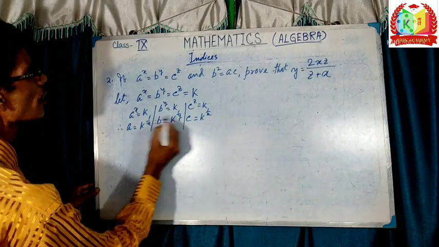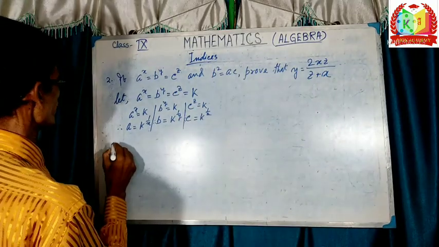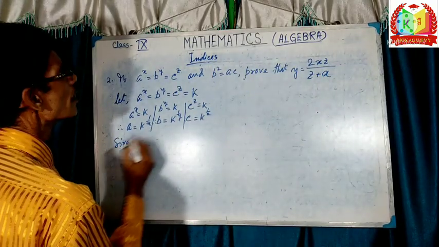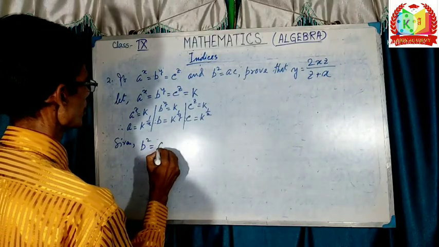Therefore, now given b square equal to ac.